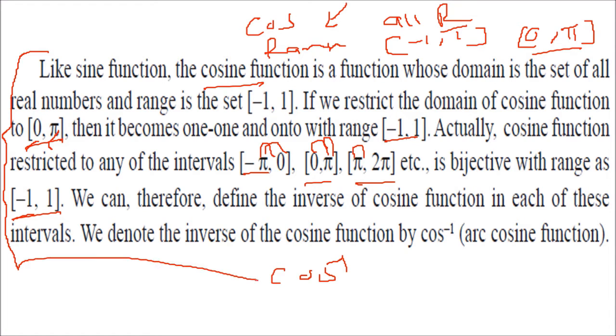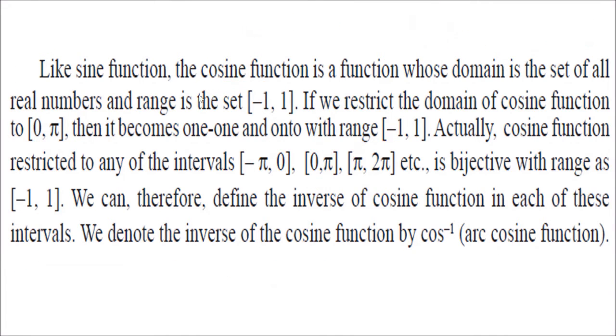But when we talk about cos inverse, the range of cosine will become the domain of cos inverse, and the domain of cosine will become the range of cos inverse. The domain and range are inverted, right?